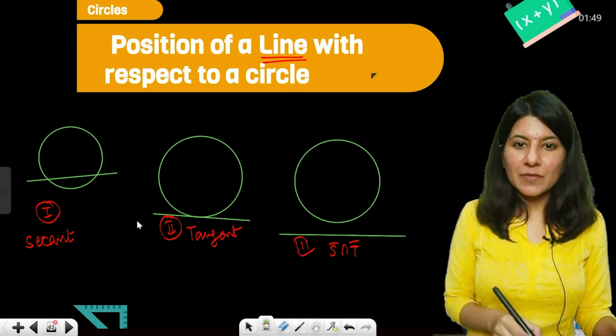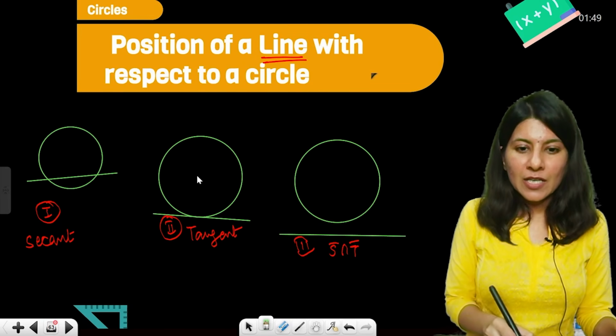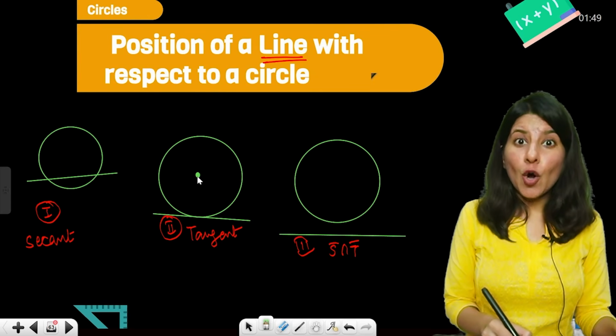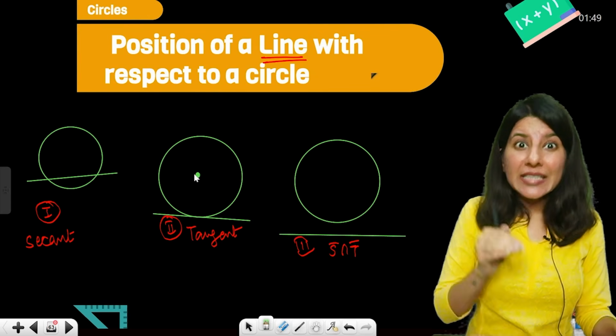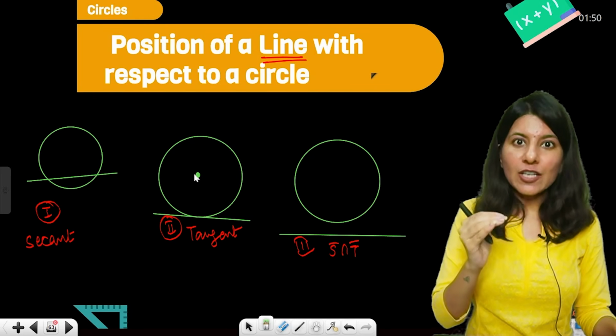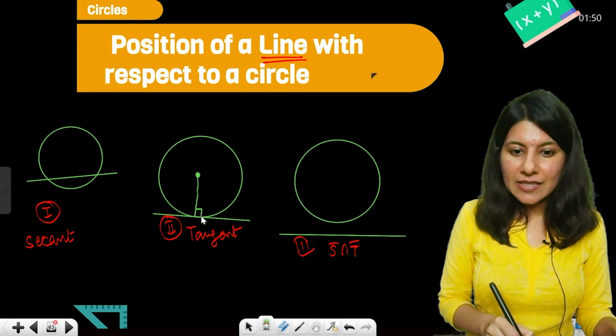So first thing, tangency. Let's think about tangency, and this condition is very important, by the way. If this is a center and I drop a perpendicular to this line, it will look like this.